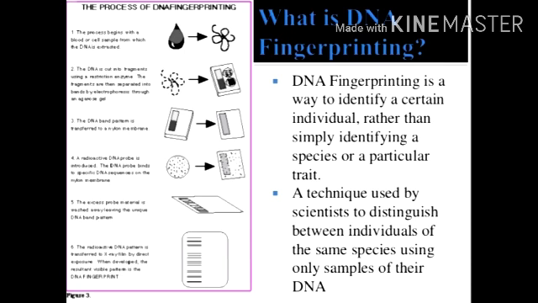What is DNA fingerprinting? DNA fingerprinting is a way to identify a certain individual rather than simply identifying a species or a particular trait. It is a technique used by scientists to distinguish between individuals of the same species by using a sample of their DNA.